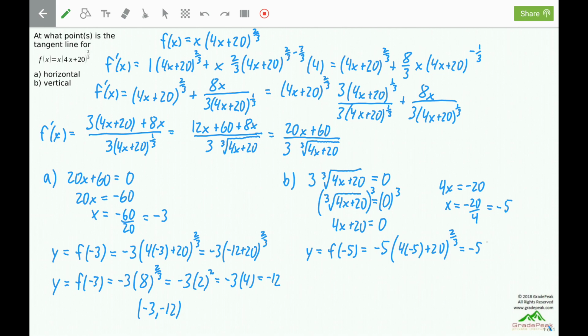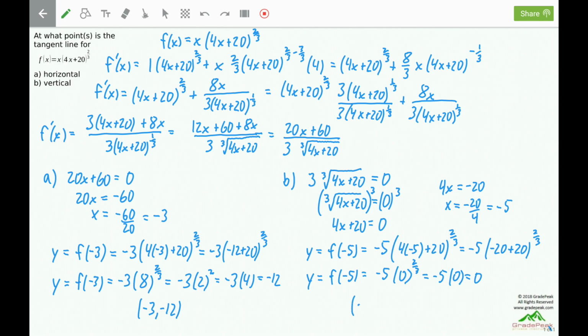So negative 5 times 4 times negative 5 is a negative 20, plus 20, to the 2/3 power. And so y, which is f of negative 5, will be negative 5 times negative 20 plus 20, which is 0, to the 2/3 power. 0 raised to 2/3 means the cube root of 0, which is 0, and then square that, which is still 0, so it's negative 5 times 0, or just 0.